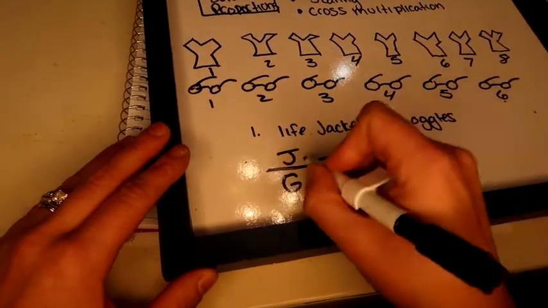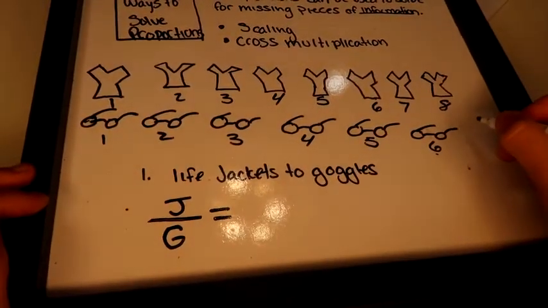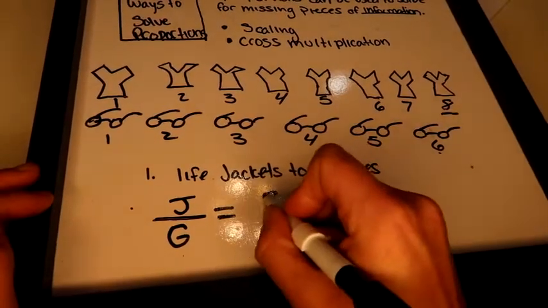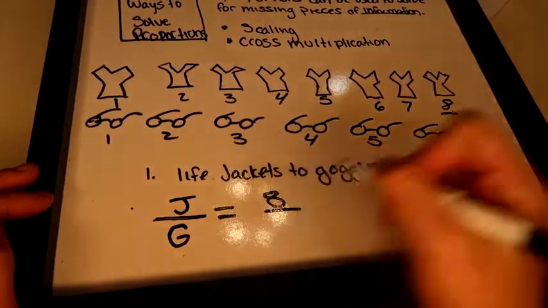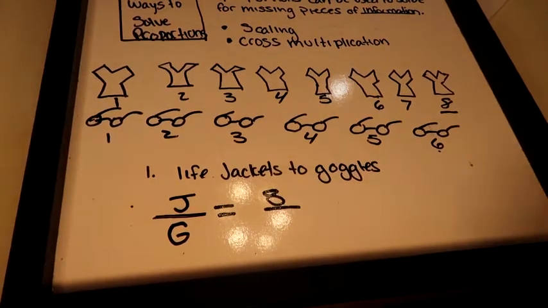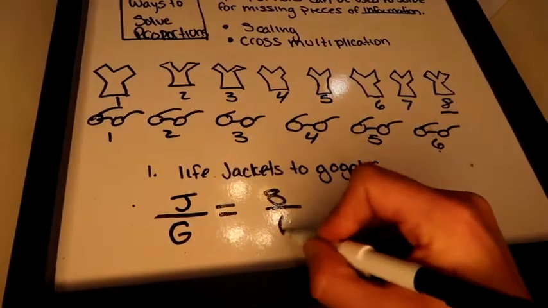That equals, how many jackets do we have? If you answered 8, you're correct. So I'm gonna put 8 jackets, make your fraction bar. And how many goggles do we have? If your answer is 6, you are also correct.